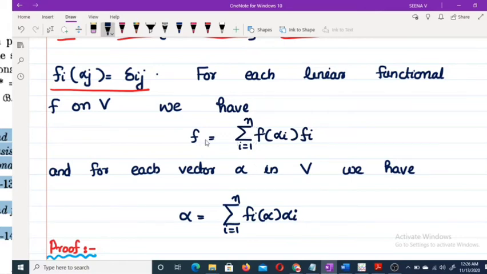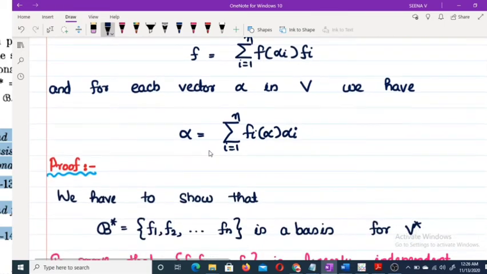f is a linear combination of the fi. f is equal to the sum from i equal to 1 to n, and its coefficient is f of alpha i. Once again, the fi's are a basis, therefore f is a linear combination of fi. Therefore f is equal to the sum from i equal to 1 to n of f of alpha i into fi. Similarly, the alpha i's are a basis, therefore alpha is a linear combination of alpha i, and its coefficient is fi of alpha.